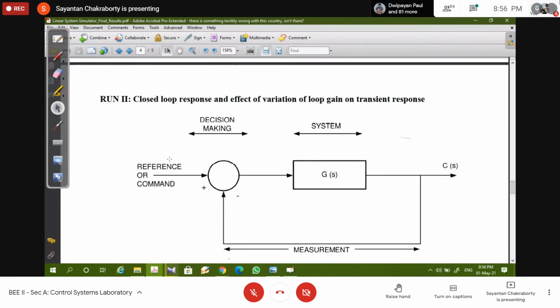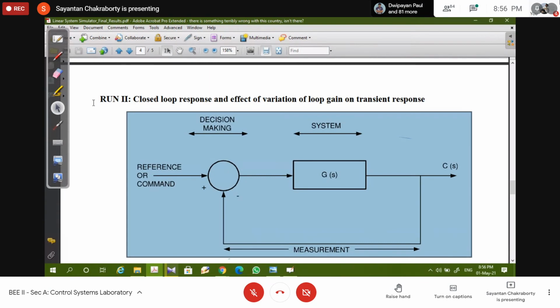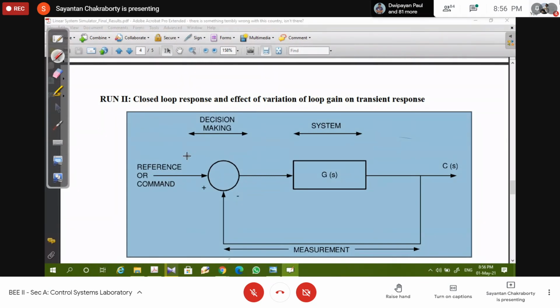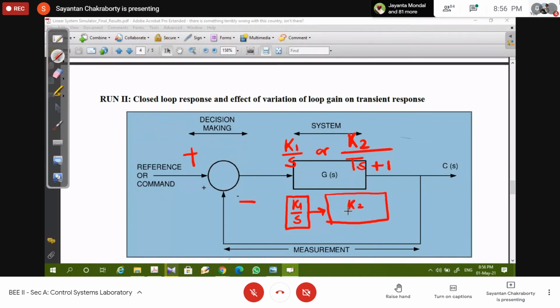So this is the closed loop configuration. I think in the last class I discussed this first order closed loop configuration. So in this G(s), we can use either an integrator or this, or you can use this, right?